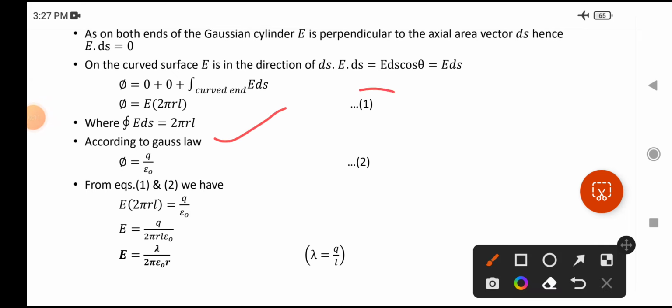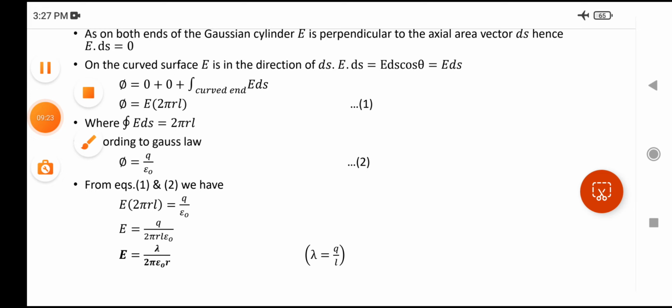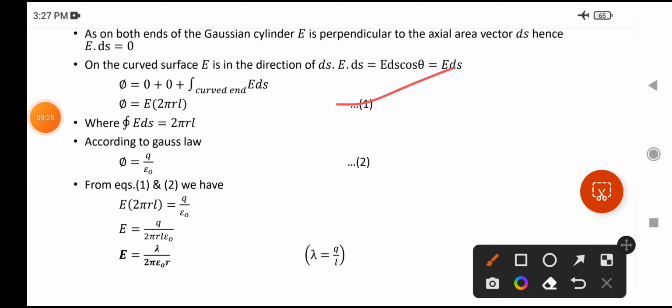Let this be equation number 1. According to Gauss law, phi is equal to q by epsilon naught. So from equation 1 and equation 2, the phi values are the same, which means these two are also equal.